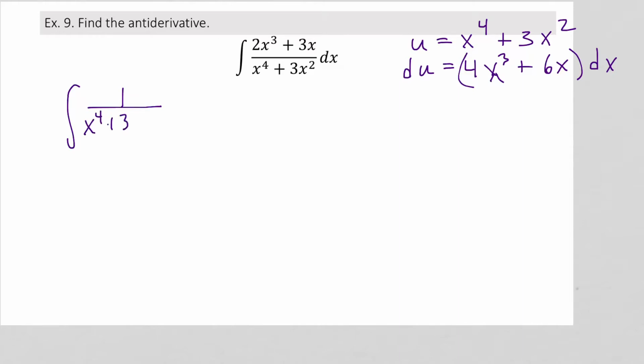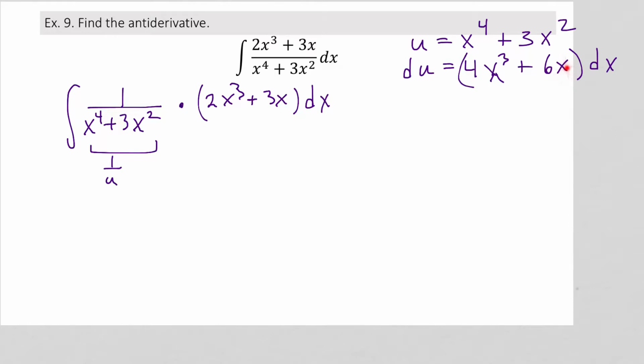I'm just going to write it out so we can look at it, see what's going on. Then this top part I'll put over here. All right, and then I'll examine it and I'll see that this is 1 over u. And then this part over here is a multiple of this.